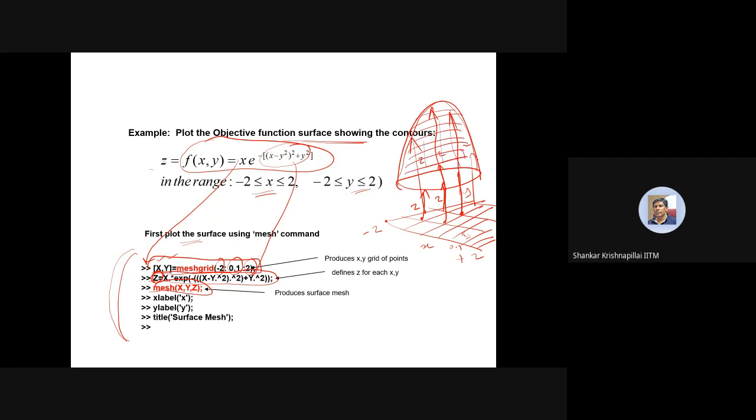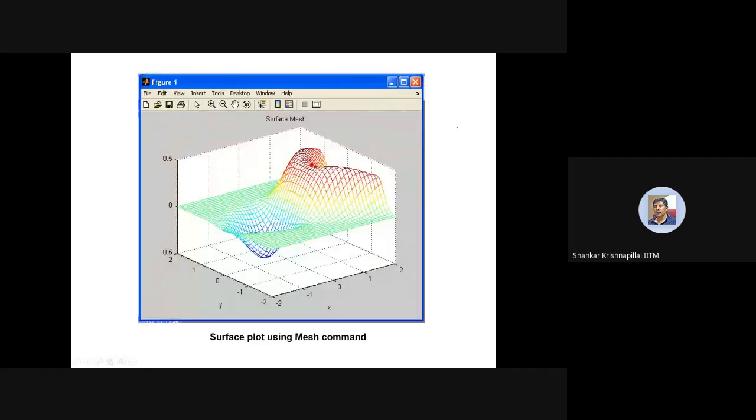So these are the 3 steps: first you make the grid, then you specify the altitudes at each grid point, then you give the mesh command. This is just the X label and Y label. So you got this objective function surface. Next is the contour command. This is how the objective function surface looks.